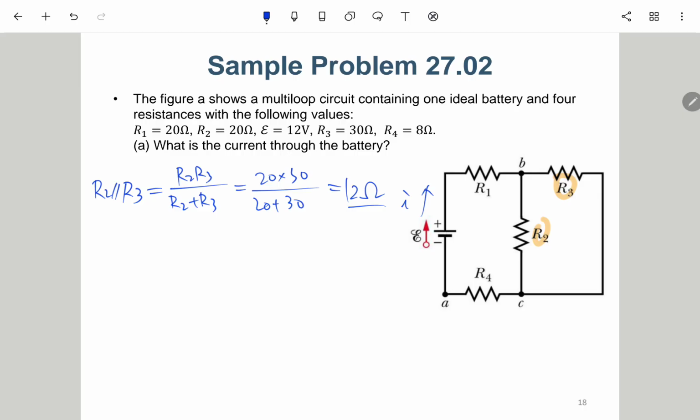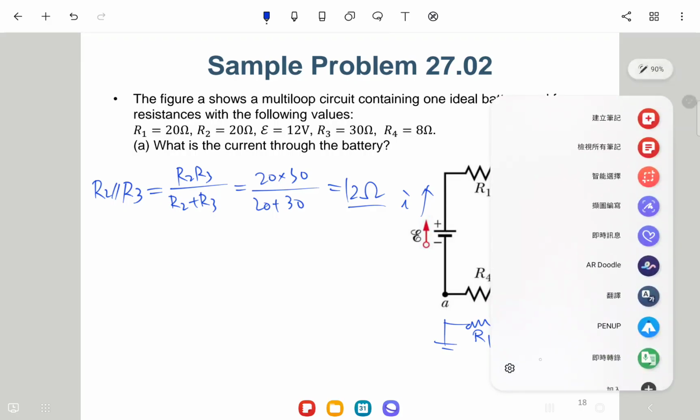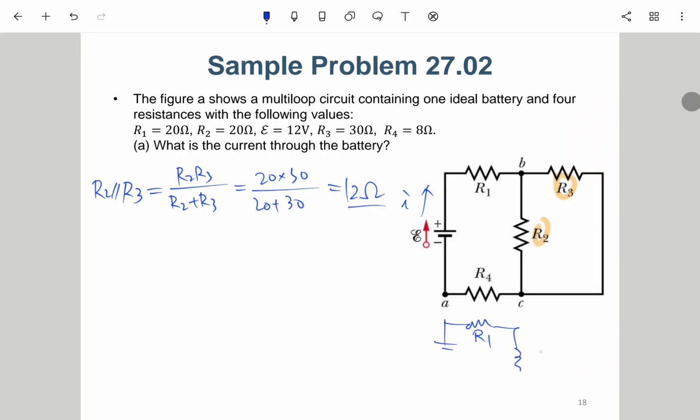So this is the parallel resistance. After paralleling it, the equivalent circuit will be like this: R1, R2 parallel R3, and then R4. So these three resistances are in series.